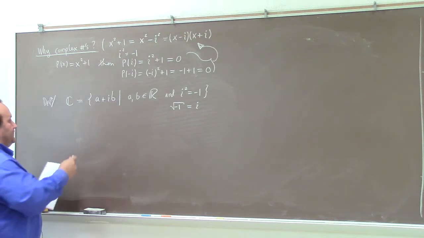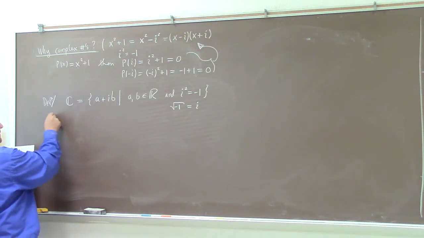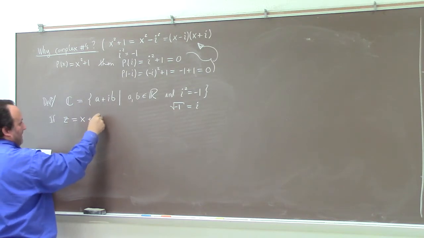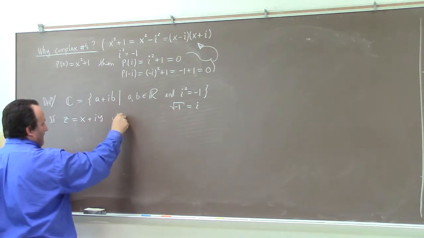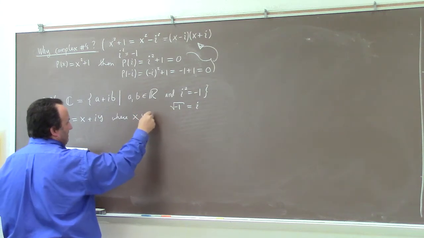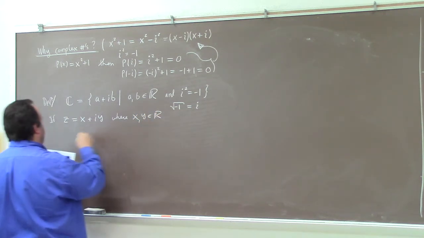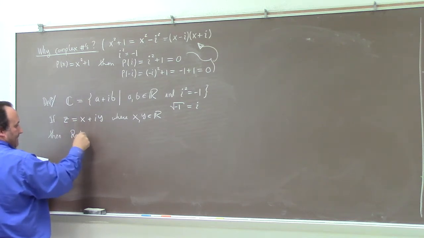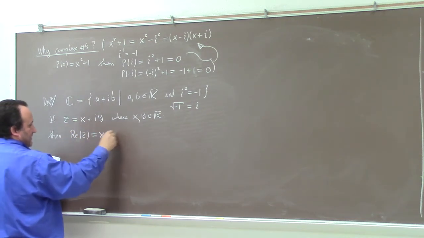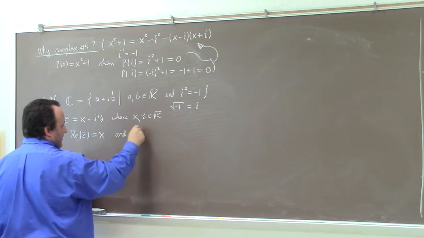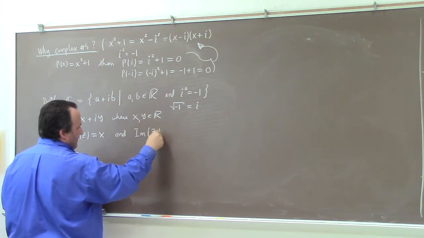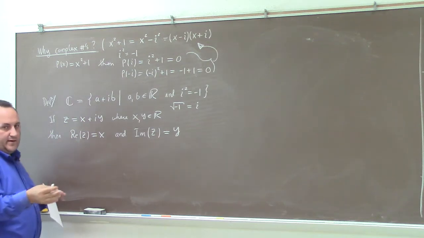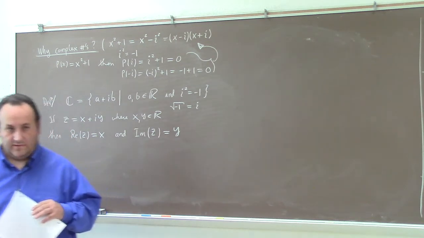All right, so if z is equal to x plus iy, where x and y are real, then the real part of z is equal to x, and the imaginary part of z is equal to y. The real part and the imaginary part are both real numbers.